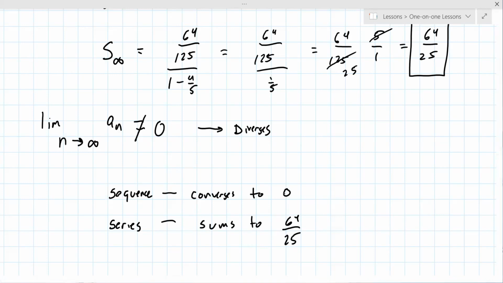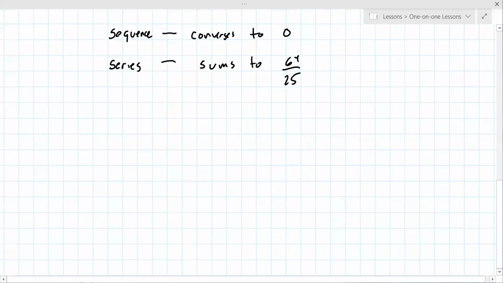For example, and hopefully your instructor covered this, sigma 1 over n from n equals 1 to infinity, a sub n definitely goes to 0, but sigma a sub n is undefined. We don't know what this sums to. We know it goes to 0, but we don't know how to add them up.